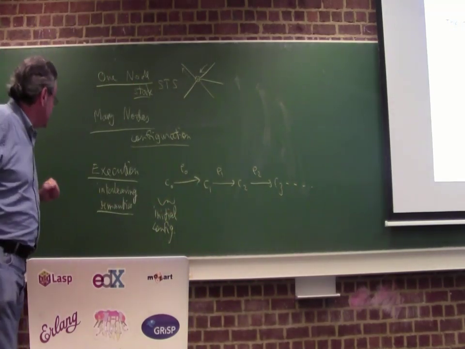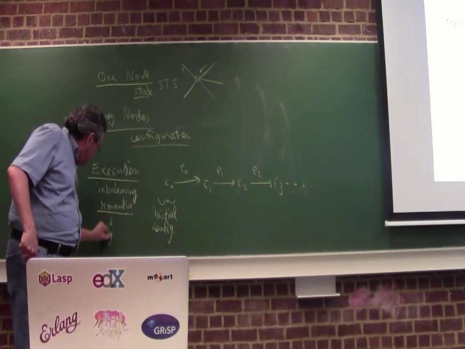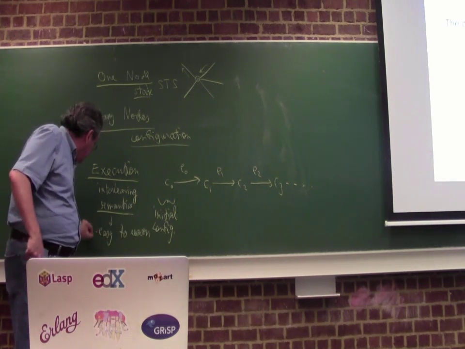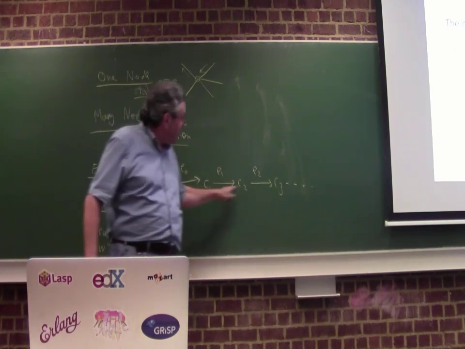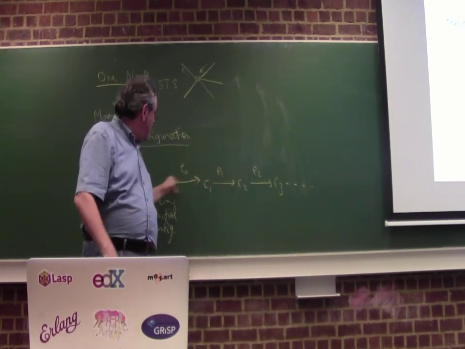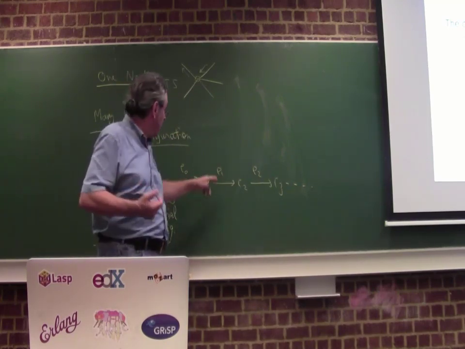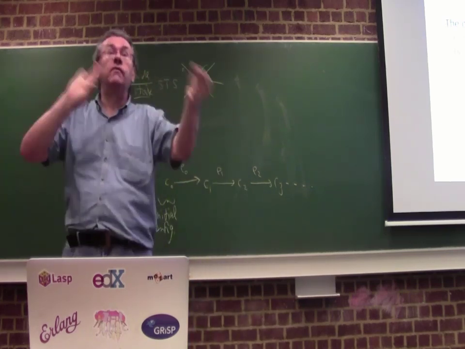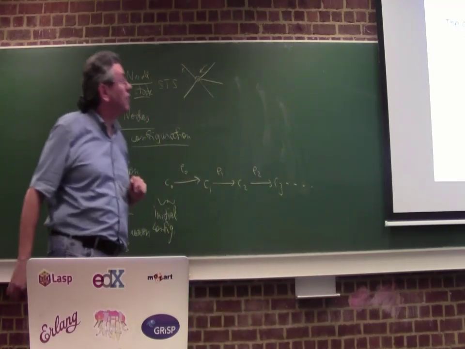Without loss of generality, we can do that, and this makes it much easier to reason about the system. Without loss of generality, because if I have a parallel execution with two nodes running in parallel, with two events, in this execution, I will have different possible executions. Maybe E1 is before E2, or E2 before E1. It doesn't matter because they're independent. Well, in this execution, we're going to model them as a single sequence, okay?